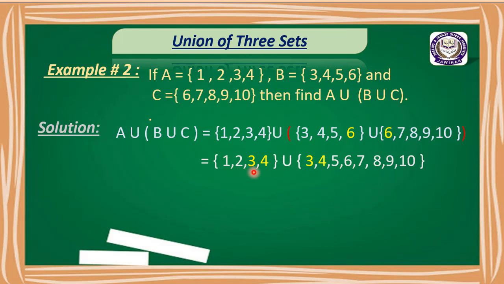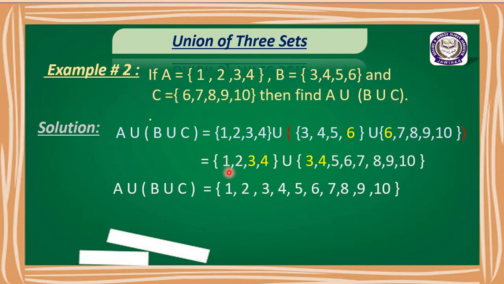And then we get the answer. When we take the union of set A with union of set B and C, we get the answer 1, 2, 3, 4, 5, 6, 7, 8, 9, 10.